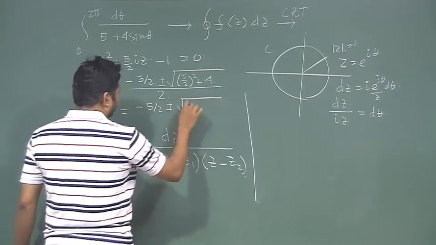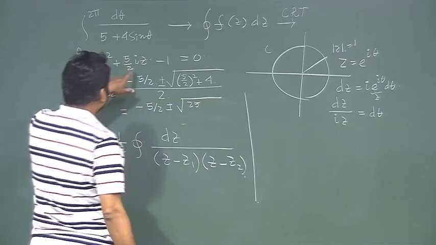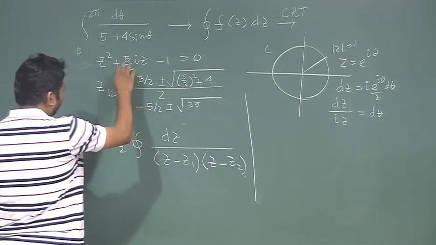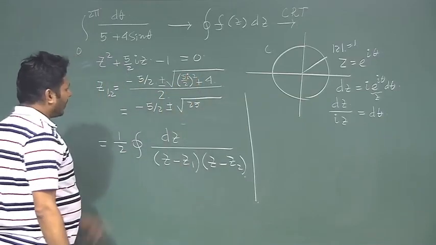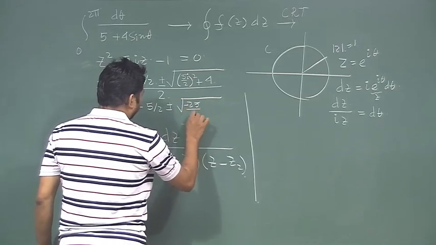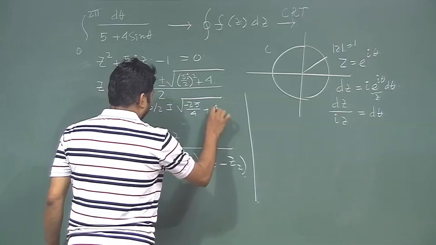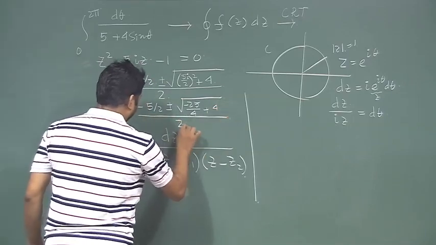So, if I simplify that, it is minus 5 by 2 plus minus root over of 25. Okay, here one I is there, so I made a mistake with this I. When I square that, it is 5 by 2 I square. So, now if I square that, it will be minus 25 by 4 plus 4, divided by 2.